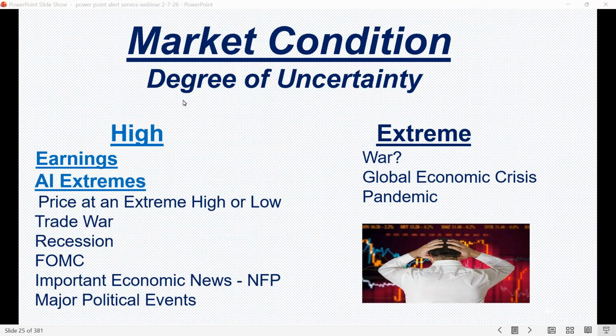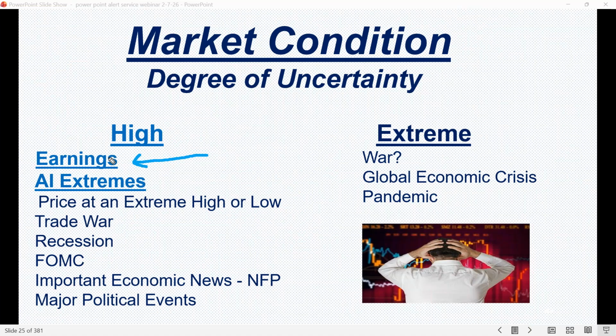Now, the next thing is I look to quantify what the market conditions are that we're trading in. Again, there's always going to be some degree of uncertainty in the markets. Never the perfect market, right? Right now we're having a little bit higher uncertainty because we're in the midst of earnings. We've had a slew of huge earnings, which have overall been pretty decent, but what the market's been really focused on with the high tech, higher beta stocks is the guidance.